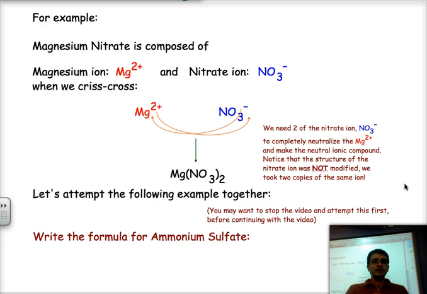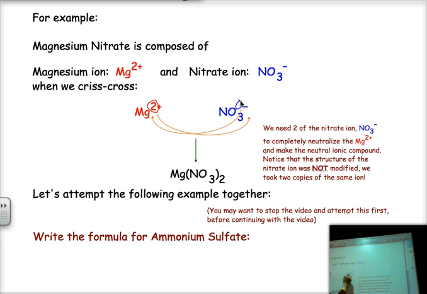All right, once you have your ions, what are you going to do? You're going to go ahead and do the usual crisscross. The charge is going to be placed underneath. The charge over here, just a 1, is going to be placed underneath. So that would be a 1 for this one and a 2 for that one. But make sure you understand, we are not changing the structure of the ion.